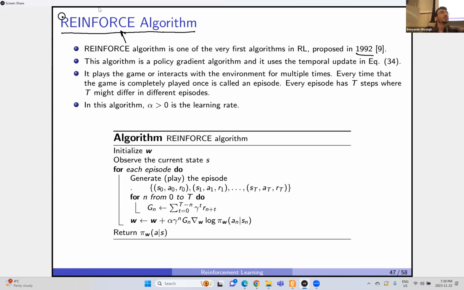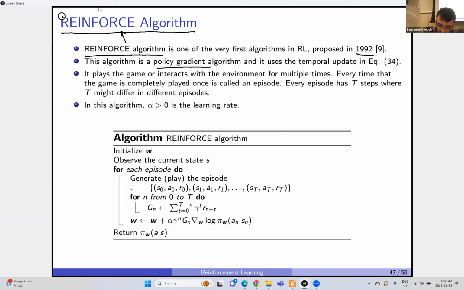Why? Because it's not the word reinforcement. This is an abbreviation for a lot of words. They intentionally used some words so it becomes REINFORCE. So REINFORCE algorithm is one of the very first algorithms in RL, proposed in 1992.